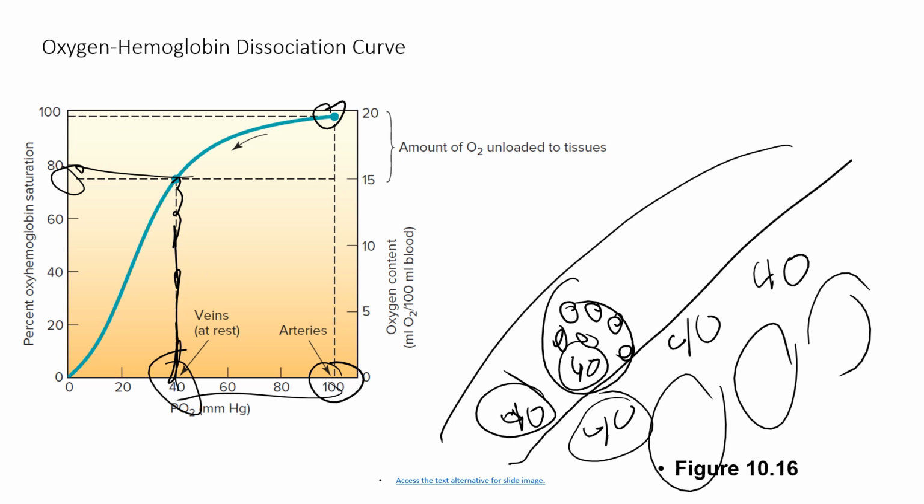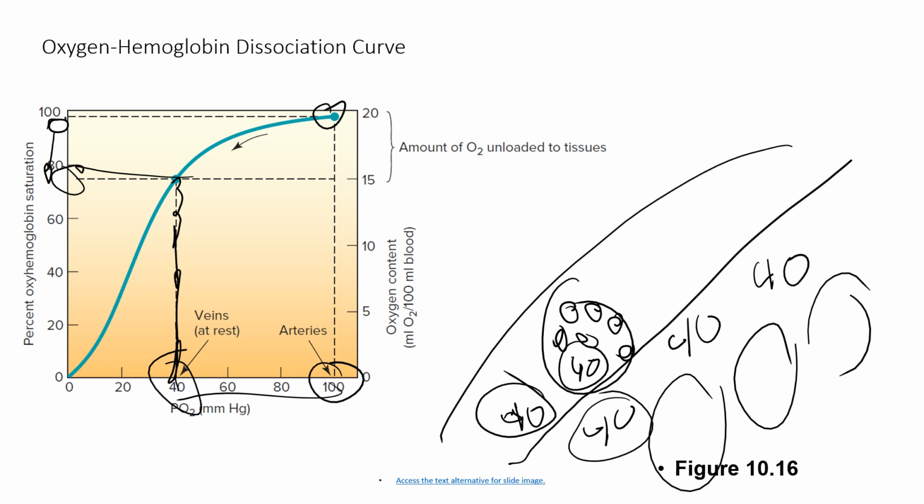That causes them to go from being 100% saturated to 75% saturated with oxygen, meaning they release 25% of their oxygen, right? Each of the 250 million hemoglobin proteins in a red blood cell will release one oxygen molecule. That translates into 250 million oxygen molecules being released by a red blood cell if you can drive the partial pressure of oxygen down to 40 millimeters of mercury within its intracellular fluid.